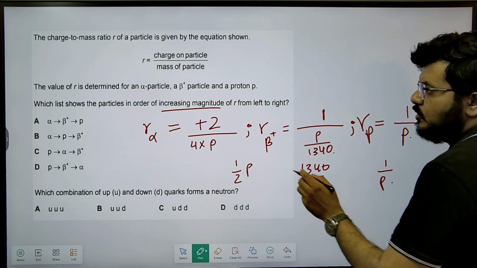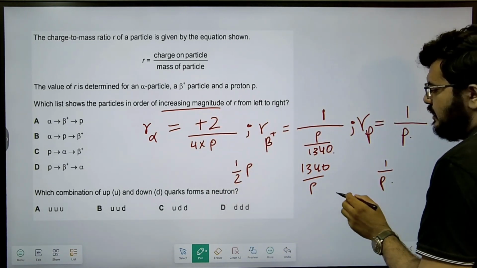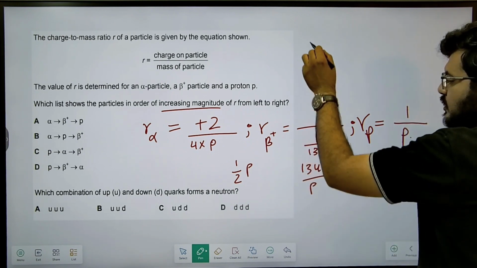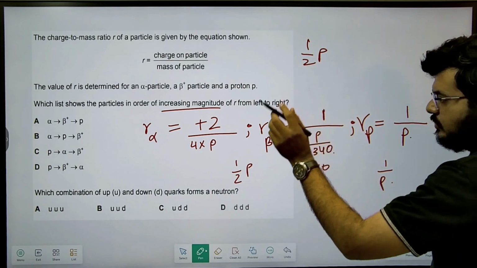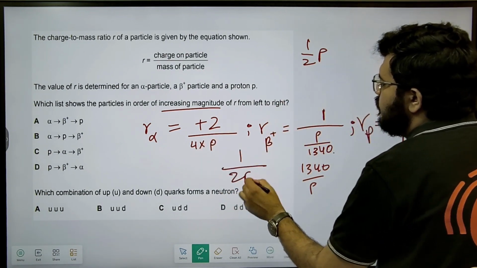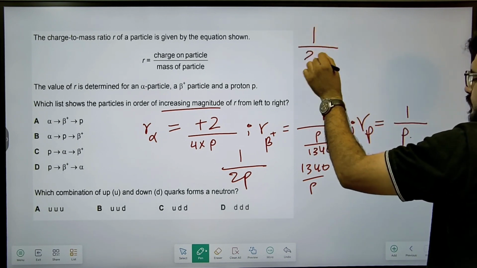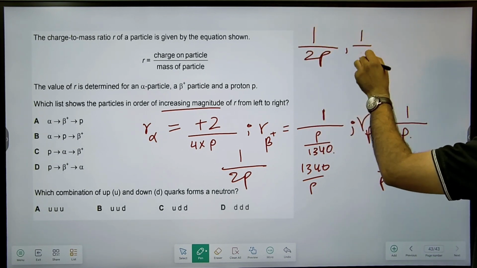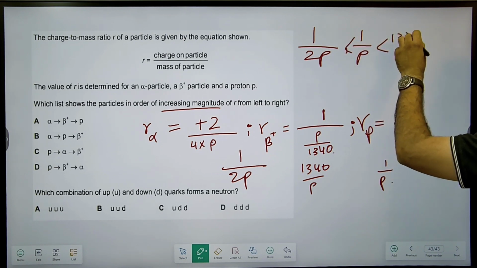So from left to right in increasing magnitude, the lowest one first. So 1 by 2p, then 1 by p, and 1340 by p.